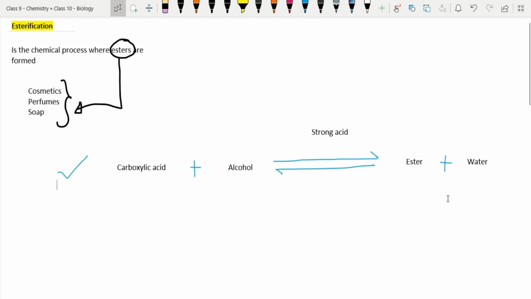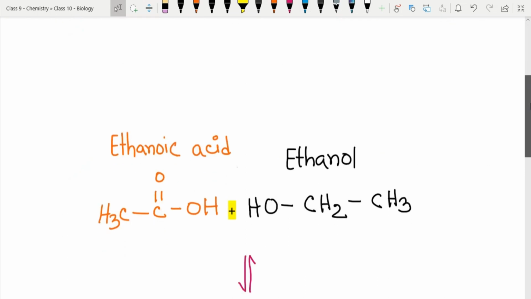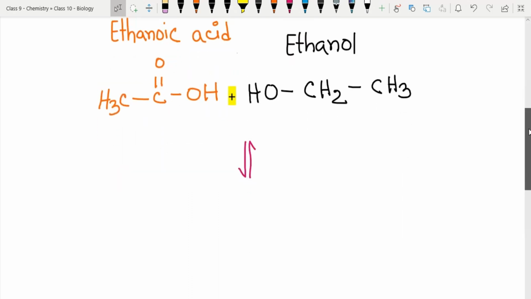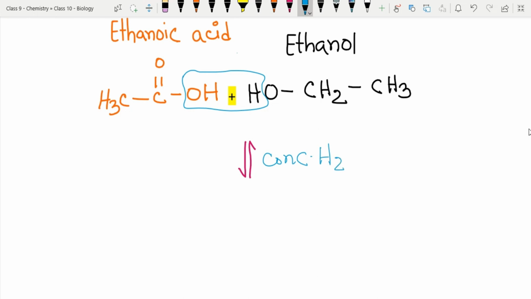Now let's move to an example of esterification reaction. Here we can see an ethanoic acid is reacting with an ethanol molecule, which will form an ester and water molecule. So now I will show you how the water molecule is formed. First, before forming a water molecule, the hydroxyl group of an acid and hydrogen atom of an ethanol will be removed as a whole, forming a water molecule in the presence of concentrated sulfuric acid as catalyst.